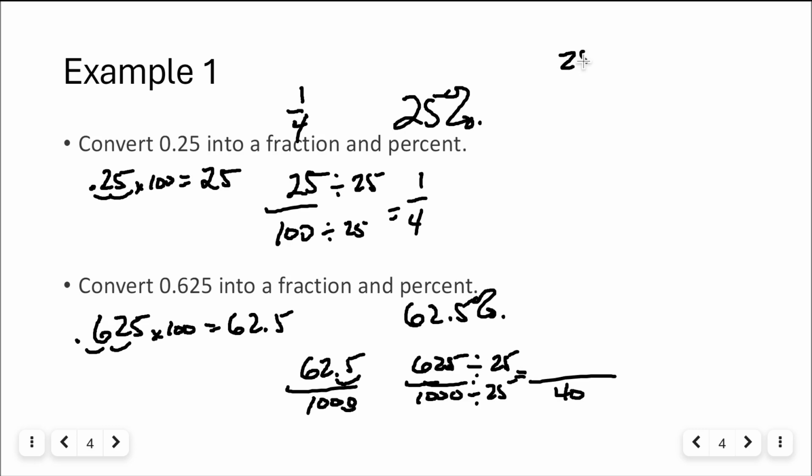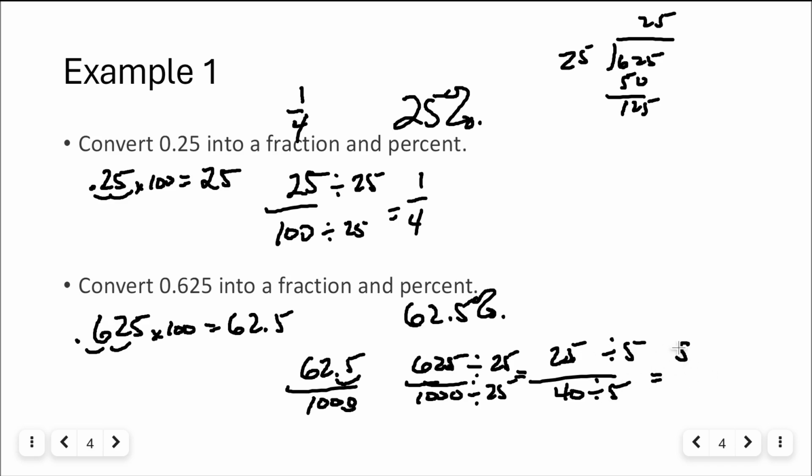And then 25 into 625. So 25 into 62 twice. 125, 25 into 125, 5. Okay. Now 5 goes into each one of these. 5 goes into 25 5 times. 5 goes into 40, 8. 5/8. That's the fraction. All right.